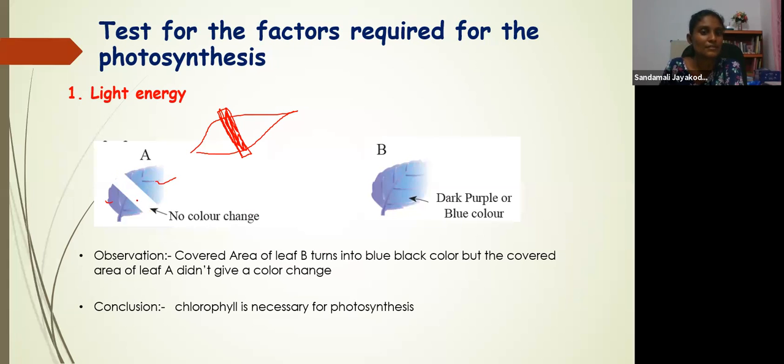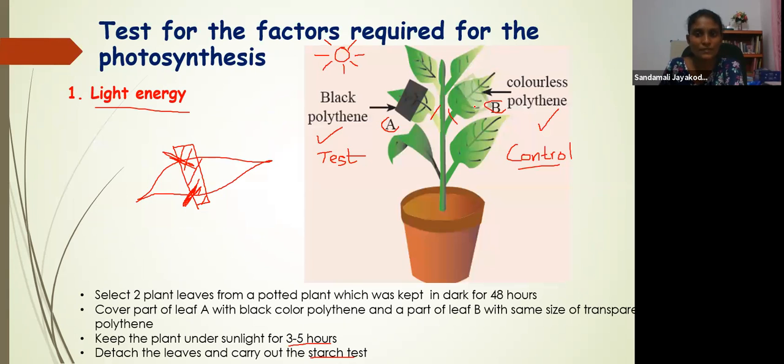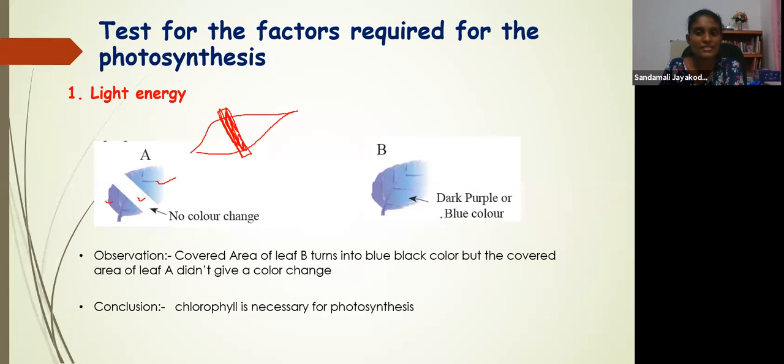This is pale yellow color. This area is a blue color. And here in leaf B, which was covered with a colorless polythene, it is becoming dark purple or blue color. Bluish black, dark purple, dark blue, whatever. So that is the color change which is given by iodine in the presence of starch.